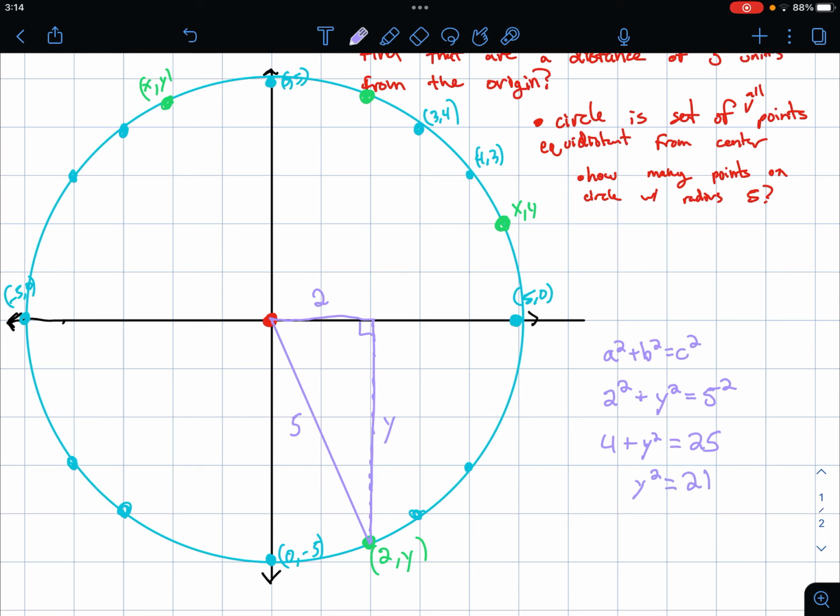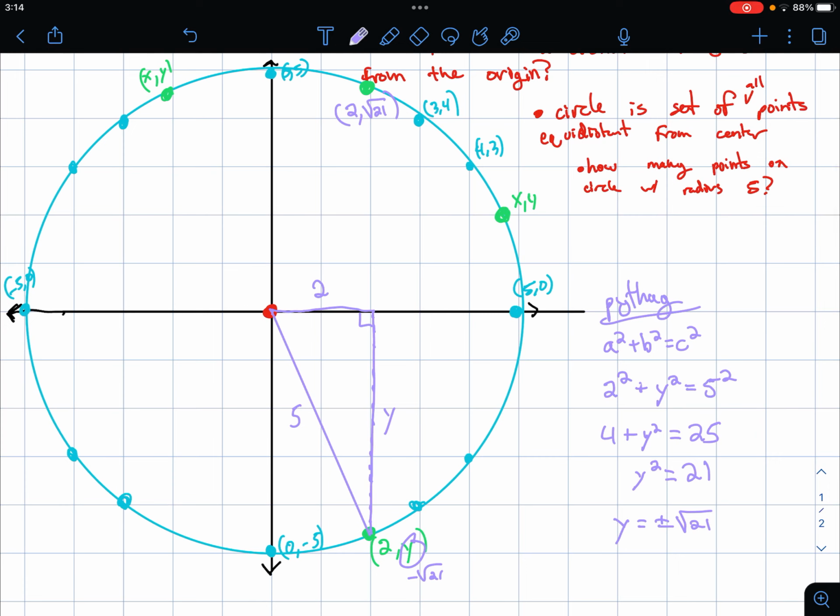And now this is the point where we want to remember, when we take the square root, we want to make sure to do the plus or minus, because y is going to equal plus or minus the square root of 21, corresponding to the minus square root of 21 down here, but up here we also have a coordinate with x equal to 2, and that's going to be the positive square root of 21. If you put that into your calculator, you'll get 4 point something. But that's the idea. Using the Pythagorean theorem, we can plug in an x and get out the corresponding y. Or we could plug in the y and get out the corresponding x.